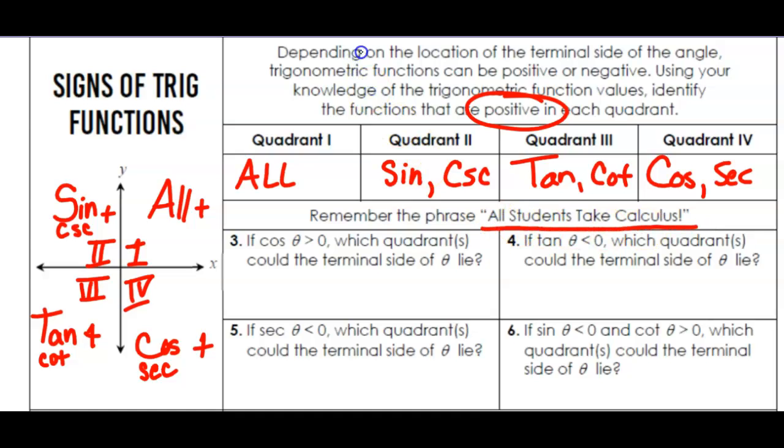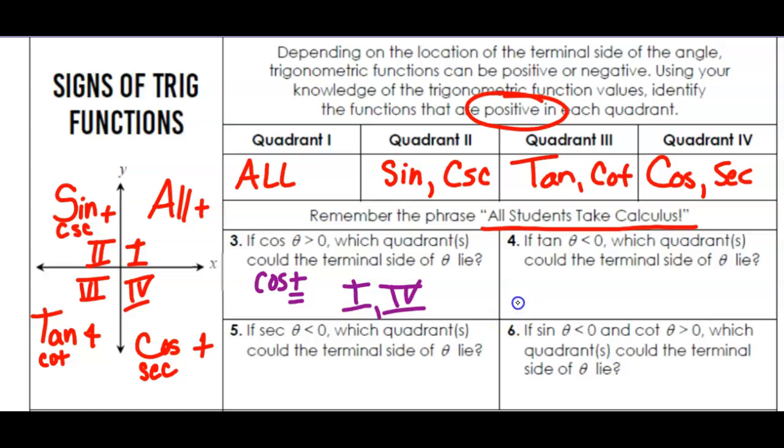All right. Now, if we are using these symbols, I don't know why students have so much trouble with this, but this is saying cosine is, that's a greater than 0. So cosine is positive. Which quadrants could the terminal side lie? Well, if the cosine is positive, it could be in either quadrants 1 or 4.